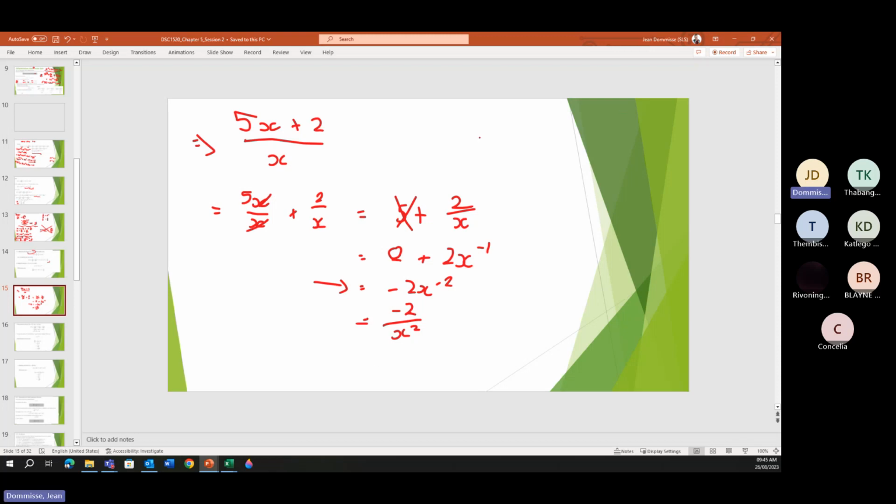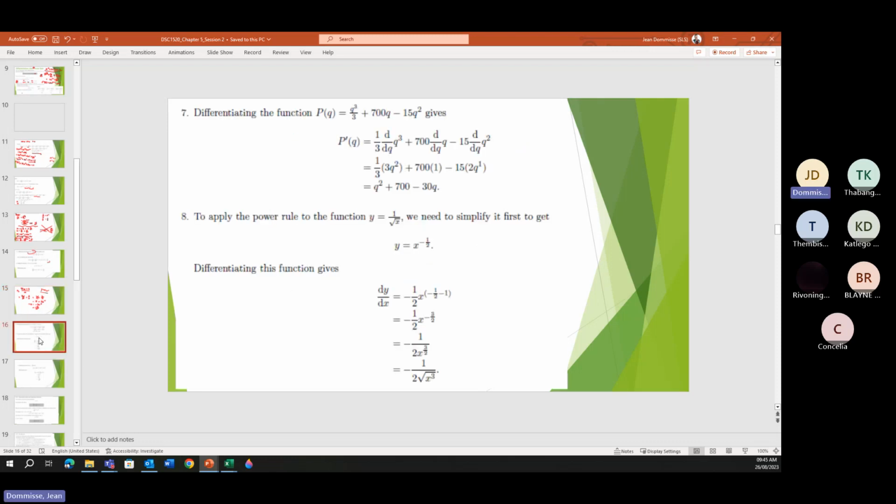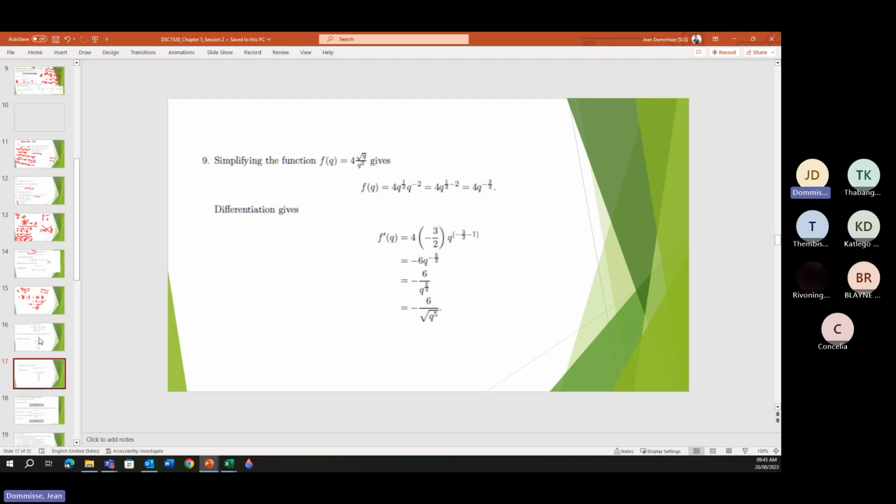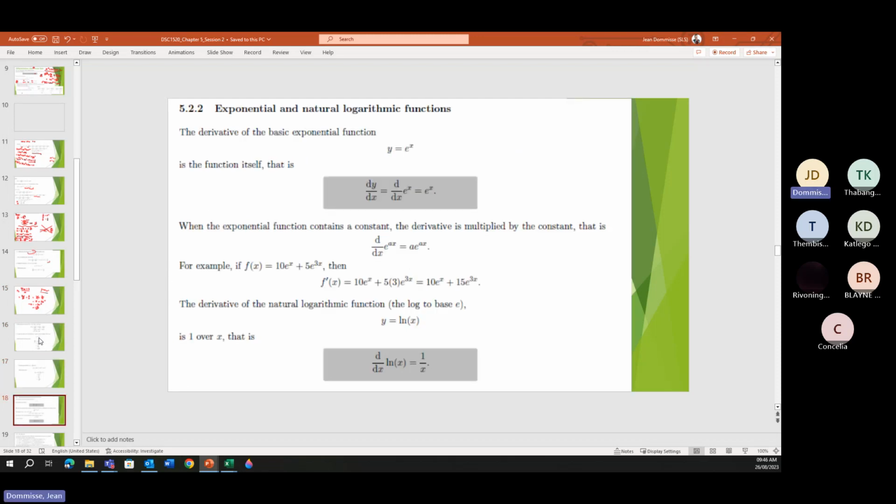Again, the power rule. The power rule is the first rule that we are looking at. So let's go into the next one.